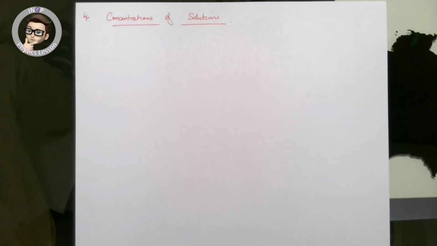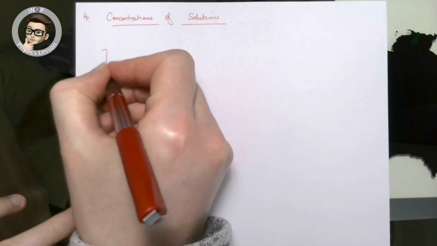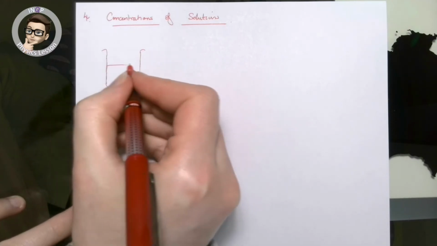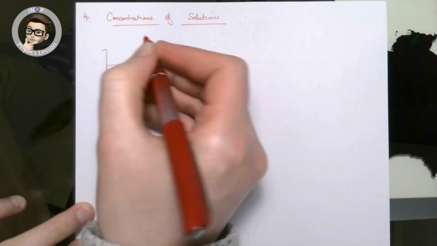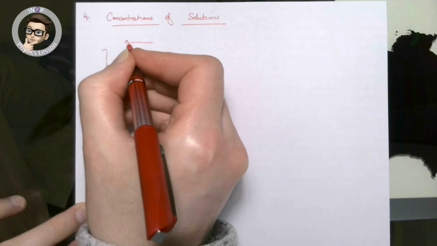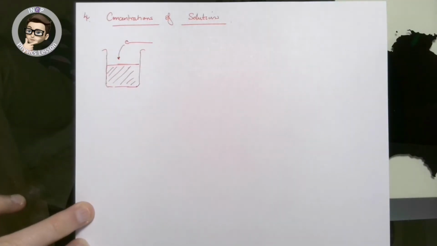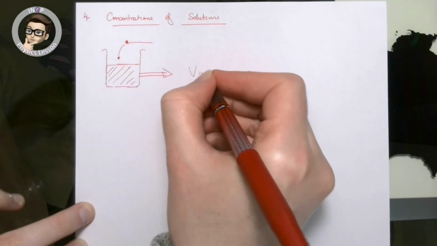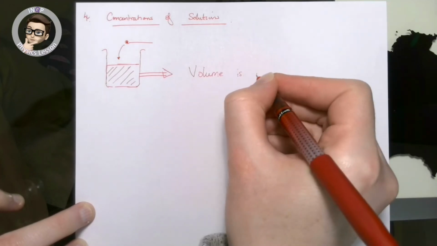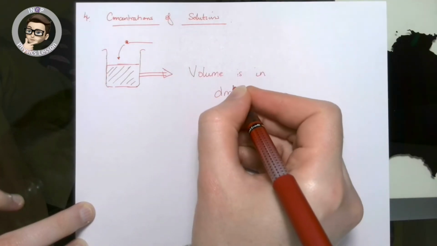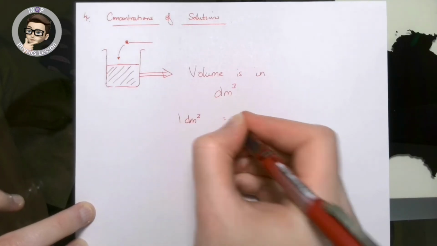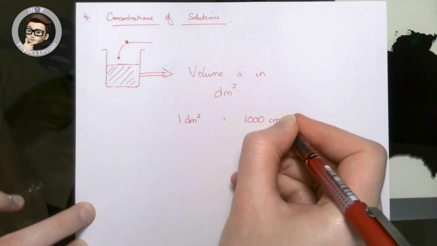Remember that concentration of solution is all about taking a volume of water. So here's our water in our beaker, and then adding some mass to it and dissolving that mass inside of our water. Now, most important thing to remember is that volume is in decimeters cubed, and 1 decimeter cubed is equal to 1,000 centimeters cubed.